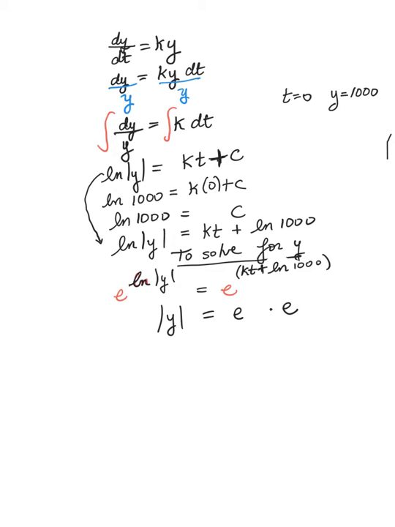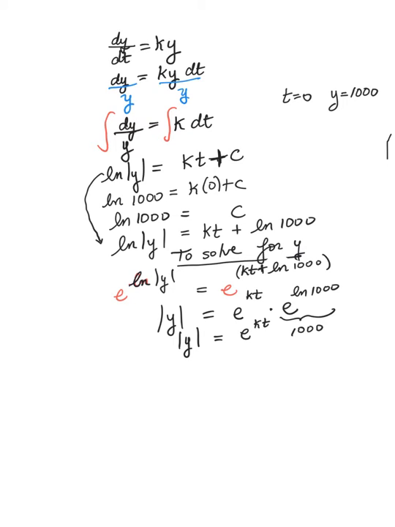Because there's a natural log in the exponent, we'll put that here. And when we add the exponents, we multiply by the same base, so we'll write e to the kt times e to the ln of 1,000. This gives us 1,000, and this gives us e to the kt. We only split up the right side when we have e to a sum, an exponent that has a sum of two expressions, one of which is ln.